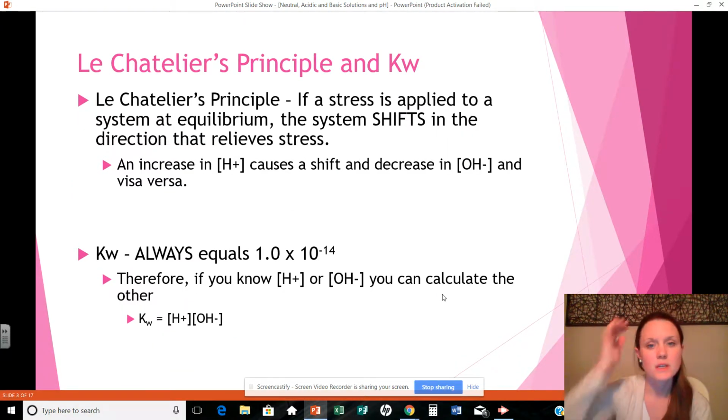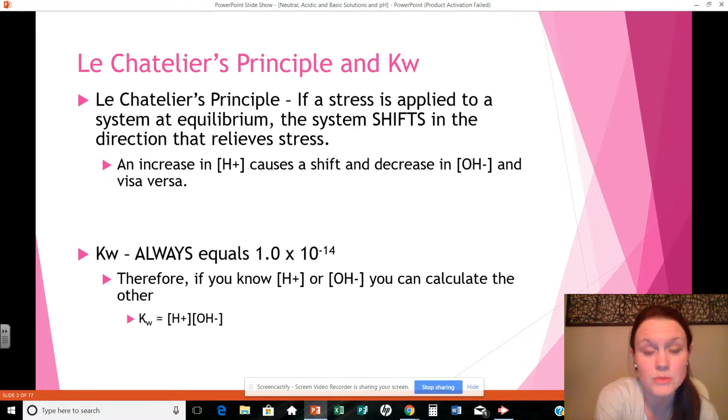So in your book notes, you guys also read about something called Le Chatelier's principle. Le Chatelier's principle says that if a stress is applied to a system at equilibrium, so if you have a system that's at a constant state in equilibrium and you apply a stress to it, the whole system will shift in the direction that most relieves stress.